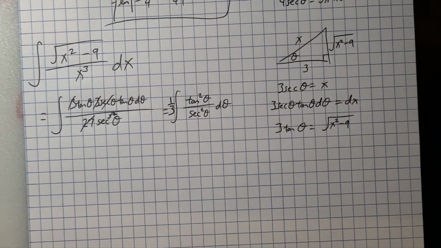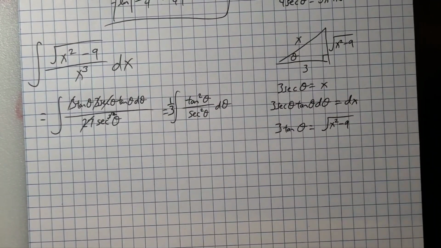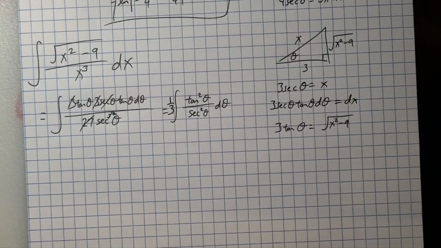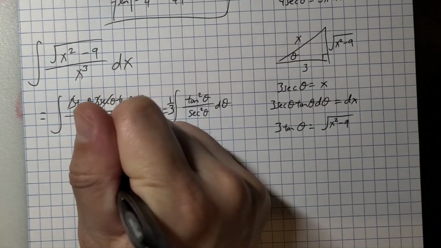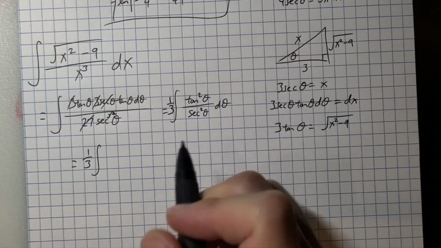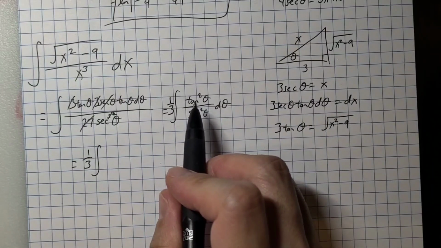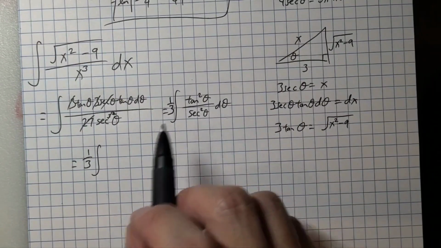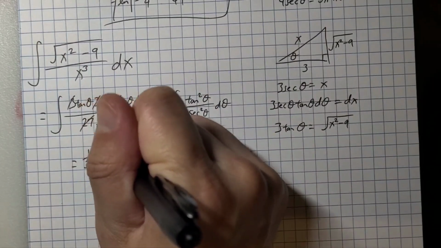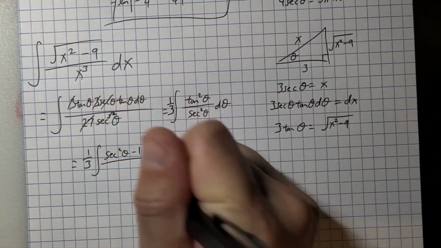So how do we solve this? There's probably multiple ways. For example, you could change everything in terms of sines and cosines, if you're more comfortable with that. I see that we can simply do what I would prefer to do, at least. We know that 1 plus tangent squared theta is secant squared theta. So tangent squared theta is secant squared minus 1.